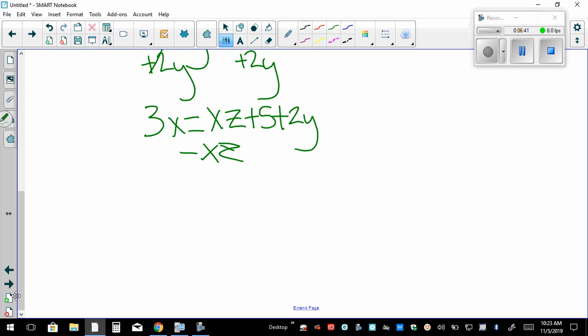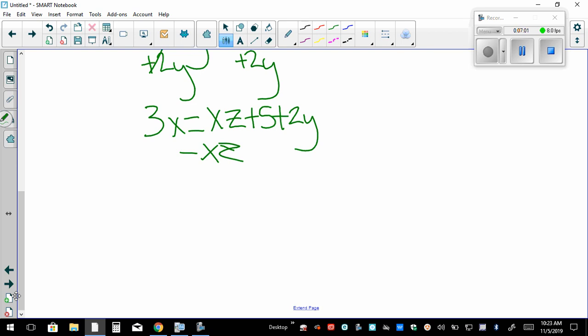You don't divide by z to get the x by itself because they're paired together, and it's easier to put them together. It'll make more sense a little later.